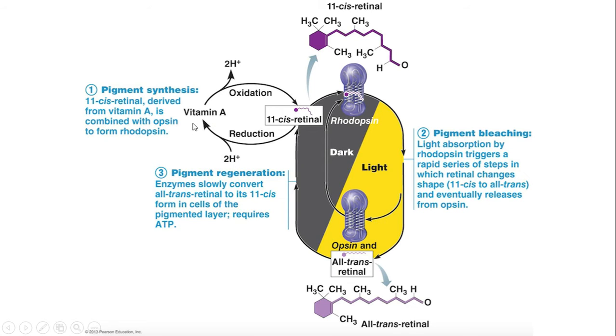Basically we get the vitamin A from the blood, and there's a process called oxidation, and then we're able to convert the vitamin A into our retinal. We're going to go more into detail in a little bit about this, but it's important to know that the retinal is derived from vitamin A. Okay, so vitamin A is incredibly important for eye health.